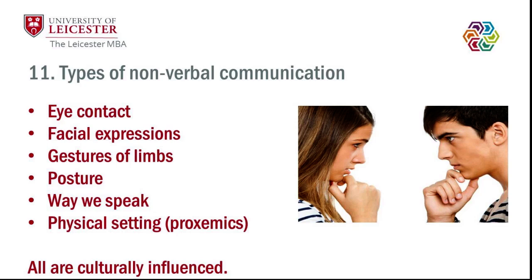The physical setting in which communication takes place, sometimes called proxemics, also sends strong non-verbal signals. For example, a meeting with a superior in an office where he or she is seated behind a desk will be shorter and more formal, and will tend to make the subordinate try to justify their own achievements, than if the meeting took place in a cafe or a more informal setting.